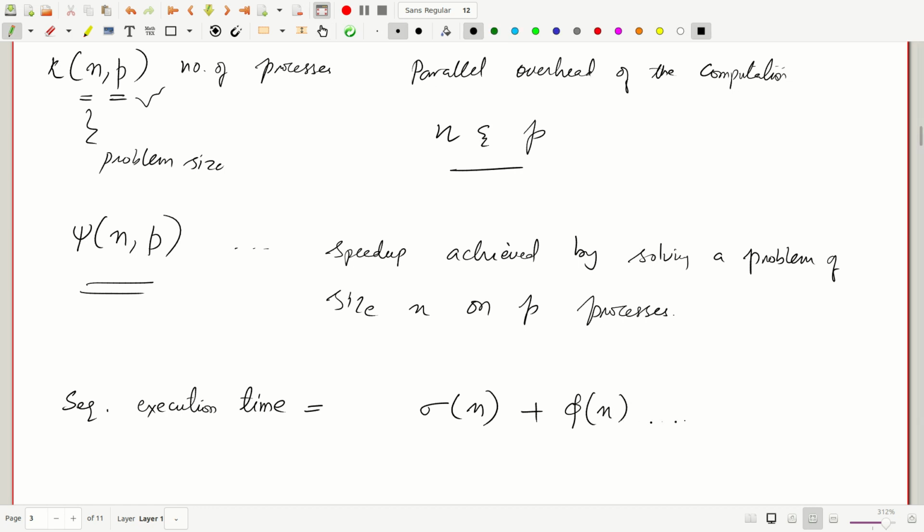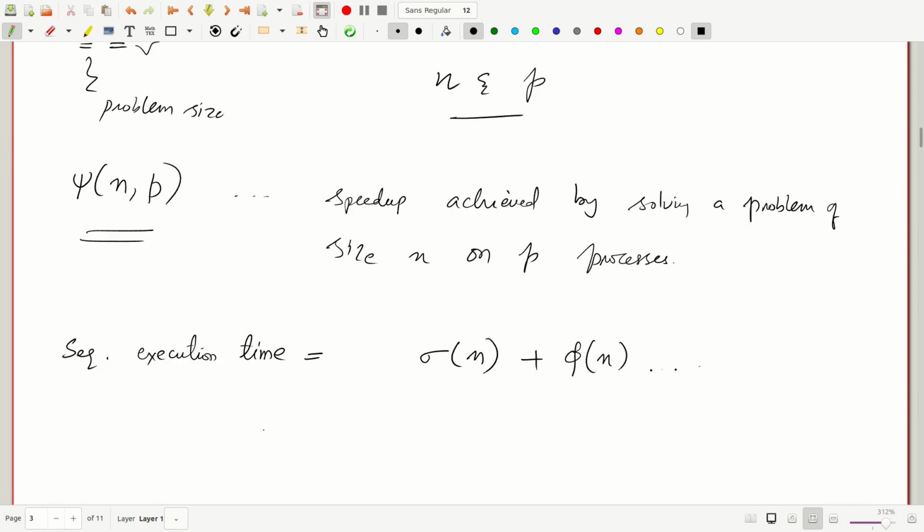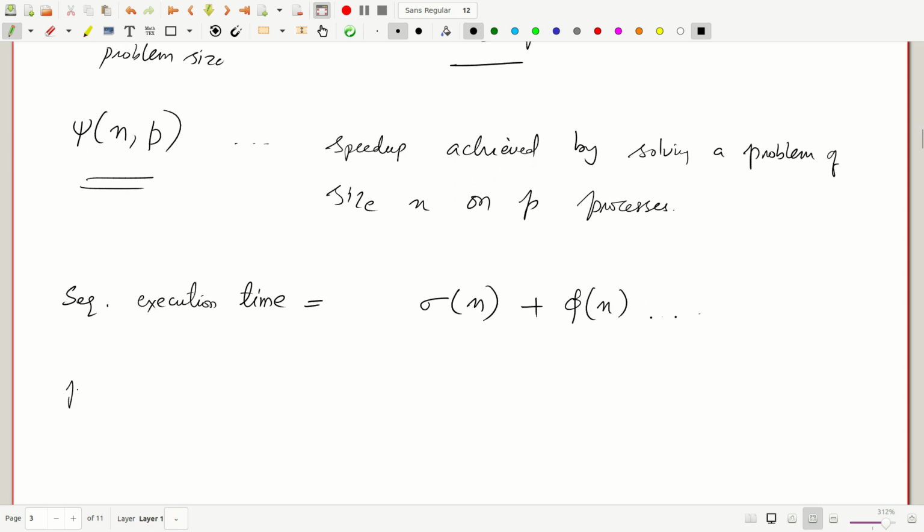Let's call this the sequential execution time. Then what about the parallel execution time?